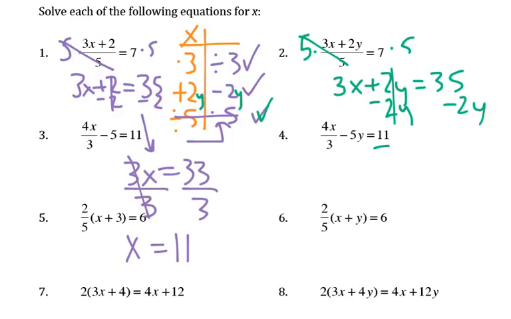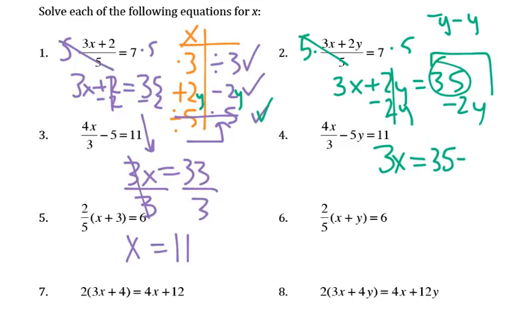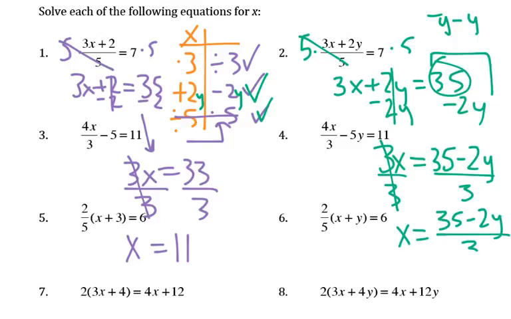This becomes 0, gets eliminated. On the right side though, negative 2y, we can't combine it with 35, so we just rewrite it: 35 minus 2y. And then the last step, we divide everything by 3. That becomes 1. We get x equals 35 minus 2y over 3.